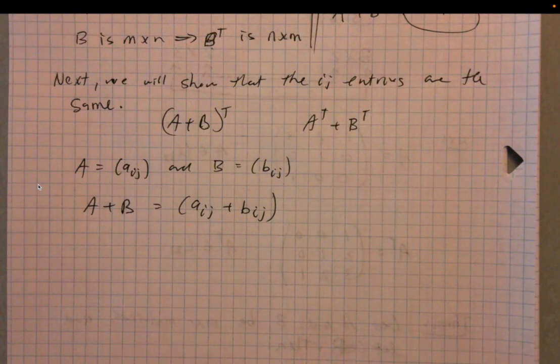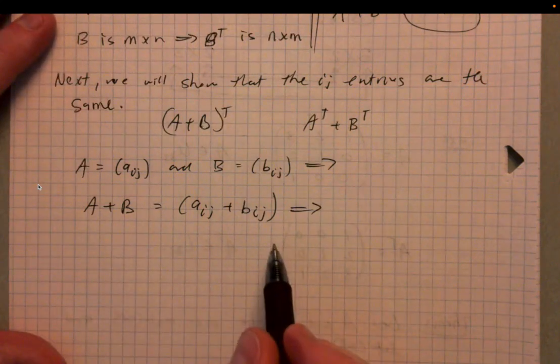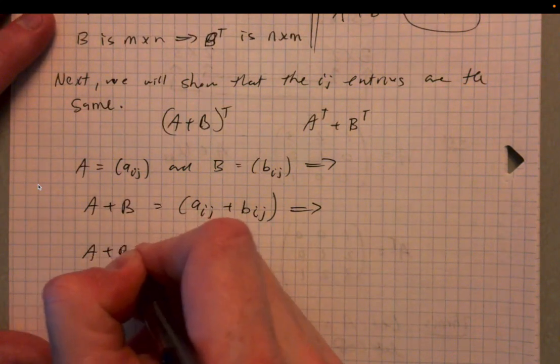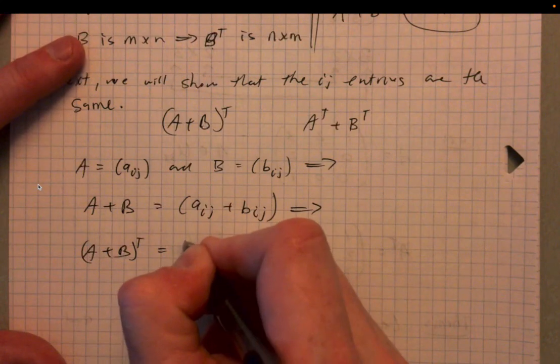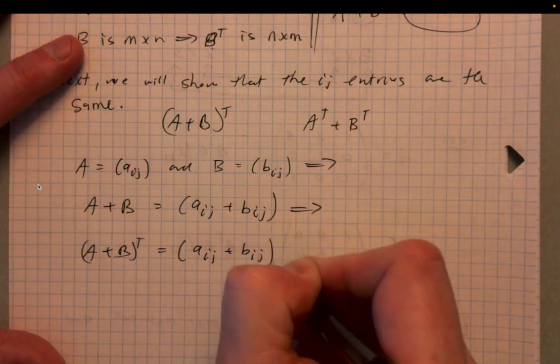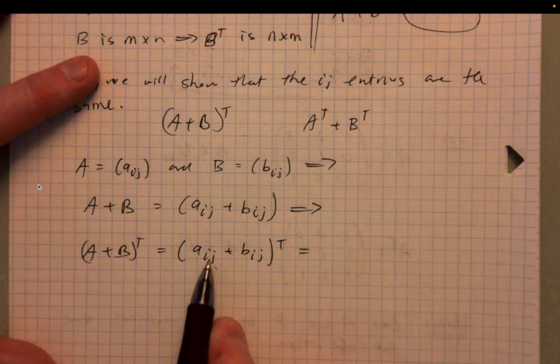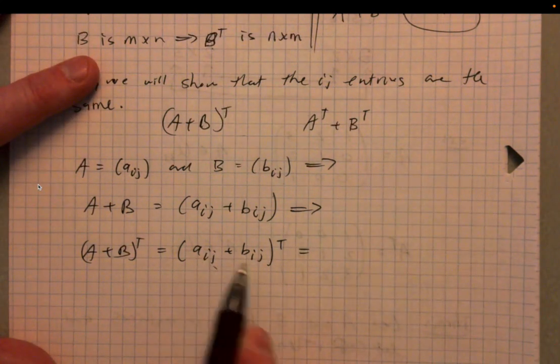Okay, what happens when I transpose that? When I transpose it, you're going to get (a_ij plus b_ij) transpose. And that's basically going to flip the subscripts, isn't it?